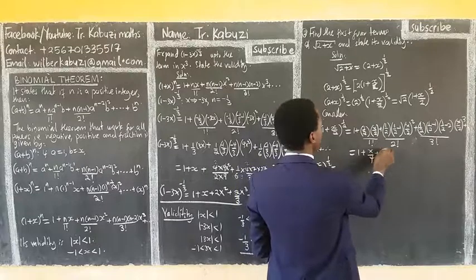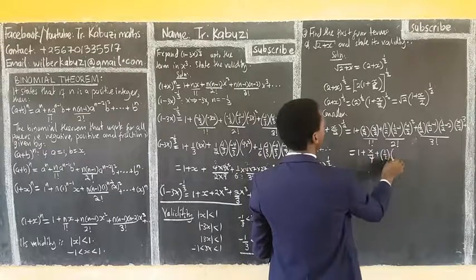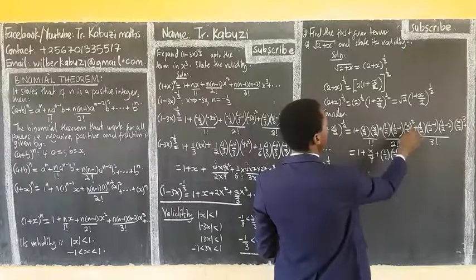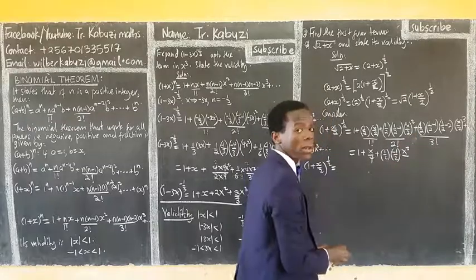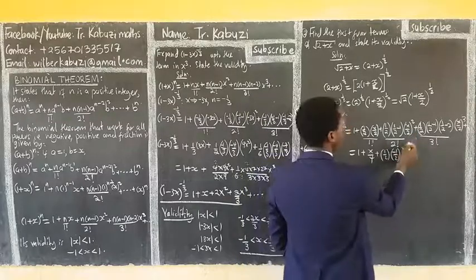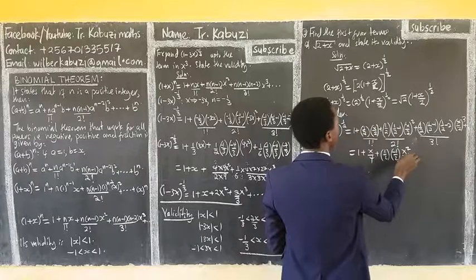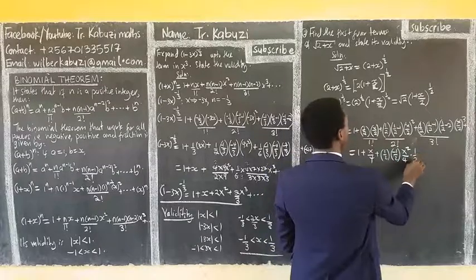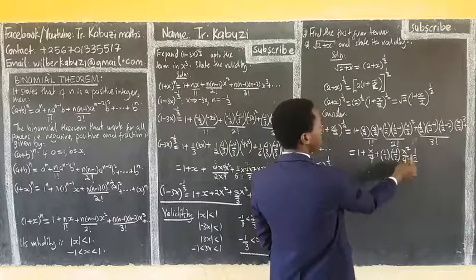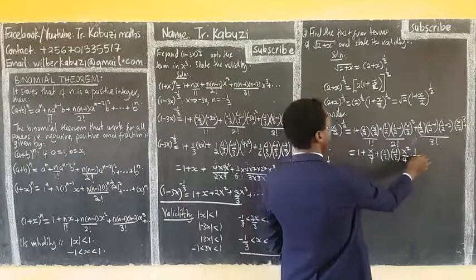Then plus, I have a half into a half minus 1, and when I square this, I get x squared. Don't forget to square also the denominator. When I square this, I get a 4. Then times 2 factorial, which is 2, sorry, we remove it as a half.